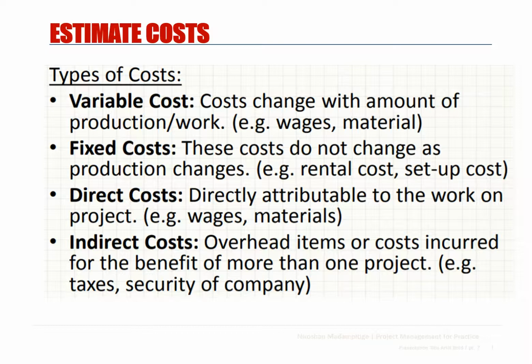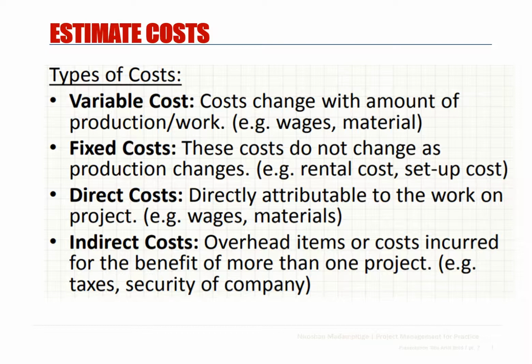On the other hand, indirect costs are overhead items or costs incurred for the benefit of more than one project. For example, taxes. For example, security of the company. Let's think of a security man sitting in front of the office of your company and there are eight projects that your company is executing at the time.